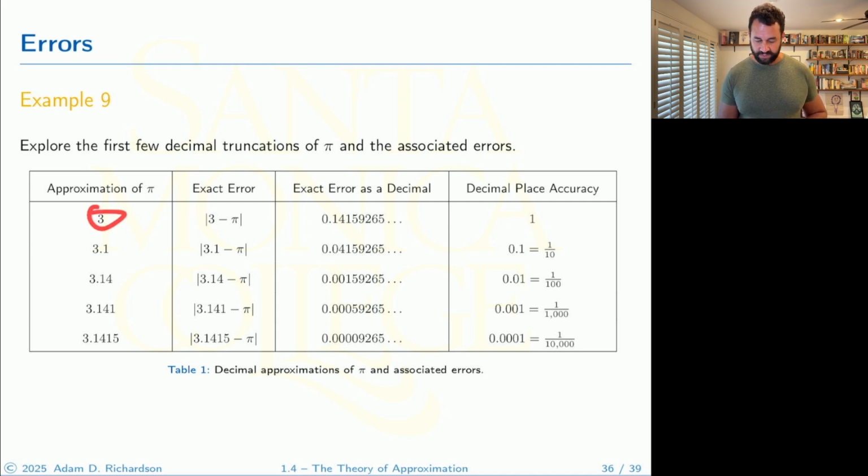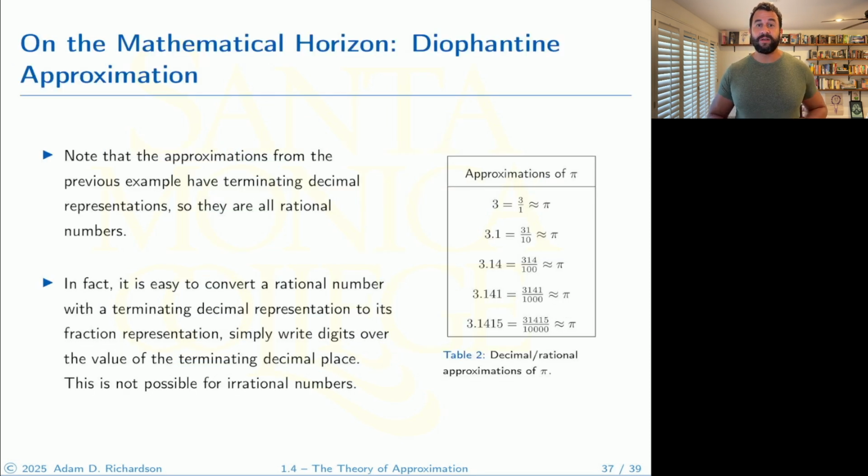So this approximation is only accurate to the ones place. This approximation is accurate to the tenths place. This one, the hundredths place. This one, the thousandths place. And this one the 10,000th place. So we're getting more accurate approximations the more decimal places we include. Not equal, but approximate.